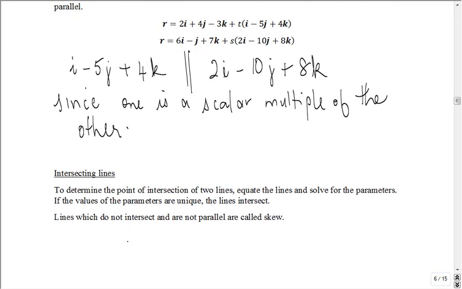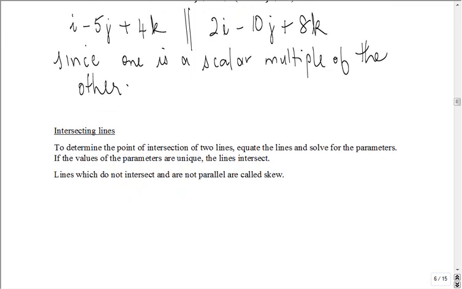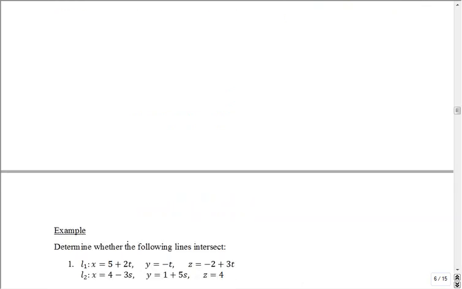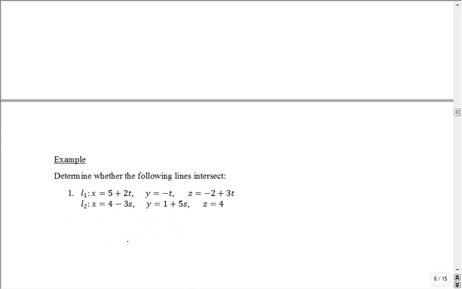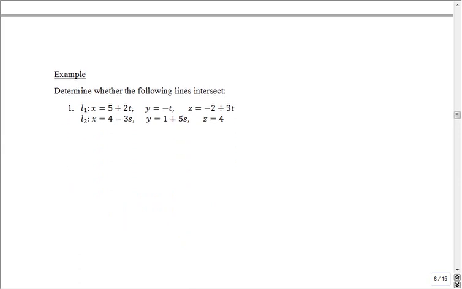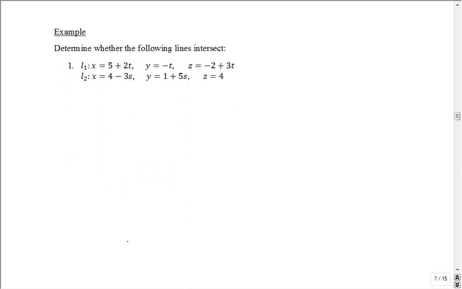Okay, so let's do some examples. Determine whether the following lines intersect. I gave you the parametric equations for both lines. If I give you 2 lines, it is always best to put them in parametric equation form so that you can equate. So what we're going to do is equate the x's, equate the y's, equate the z's, and then solve.